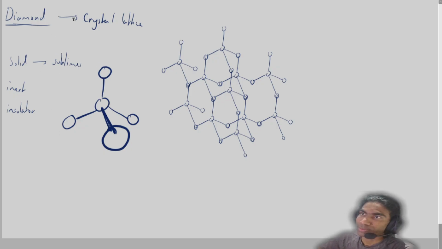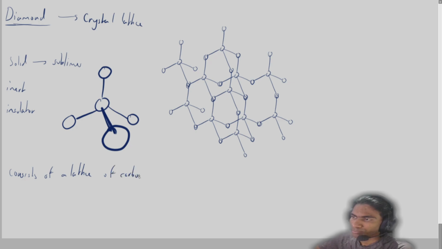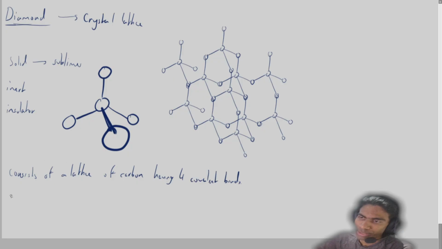So really, diamond consists of a lattice of carbon having 4 covalent bonds. And what happens is the periodic pattern extends in 3D.